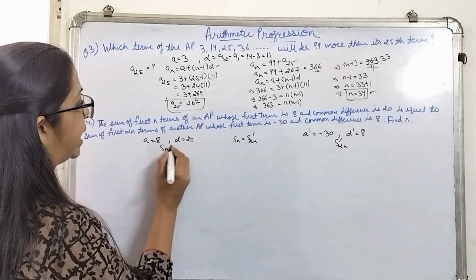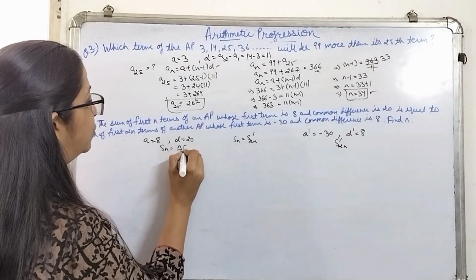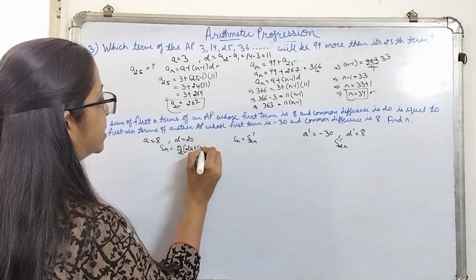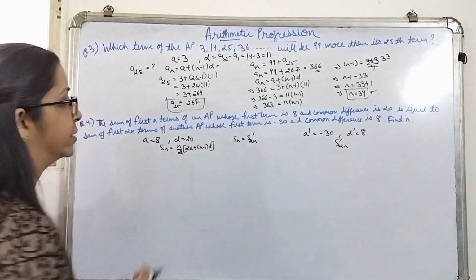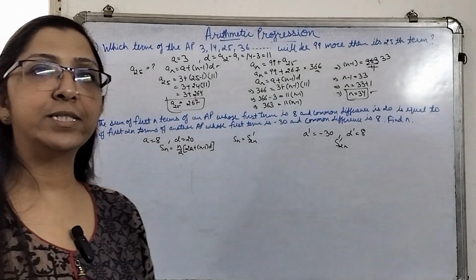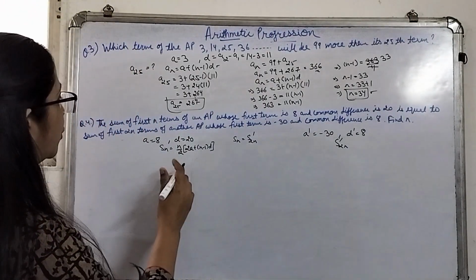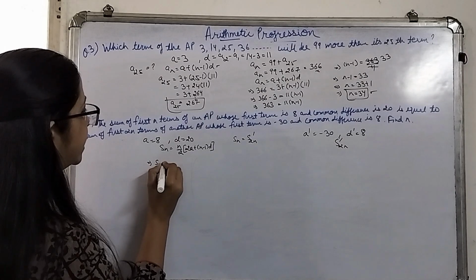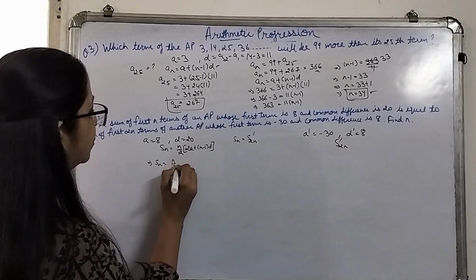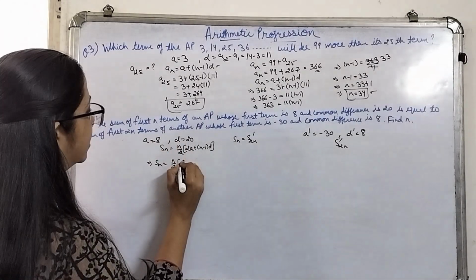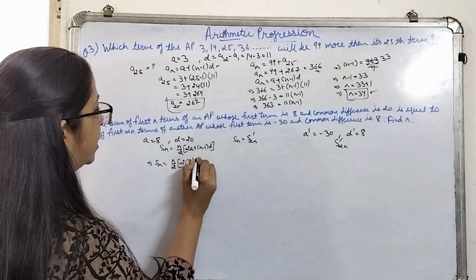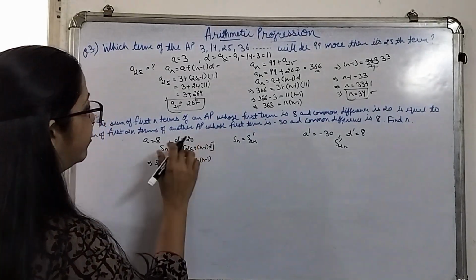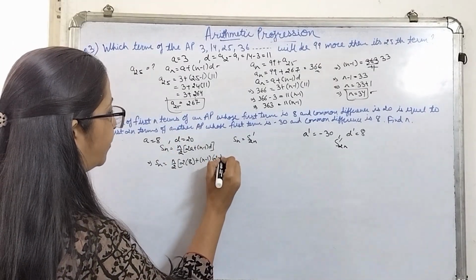We know Sn is n by 2 into 2a plus n minus 1 into d. This is the formula for finding the sum of first n terms of the AP. So over here, Sn is n by 2, value of a is 8, plus n minus 1, value of d is 20.